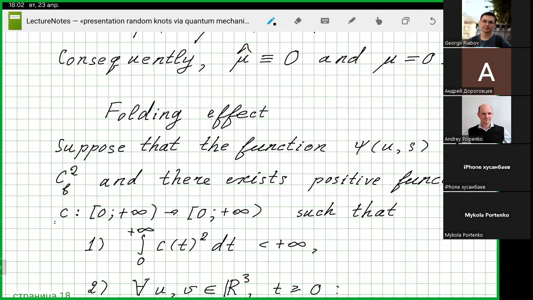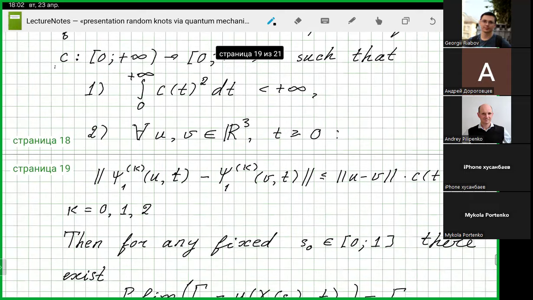Now suppose that the functions psi are sufficiently smooth, have bounded derivatives, and there exists a positive function c such that it is square integrable, and for all u, v in R^3 we have that this difference has a norm which is less or equal than the norm of u minus v multiplied by c. Here the symbol k in brackets means the number of derivatives.